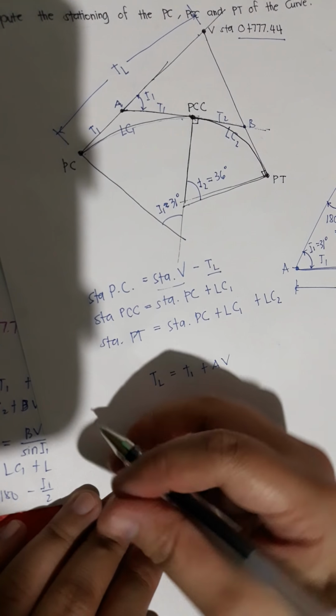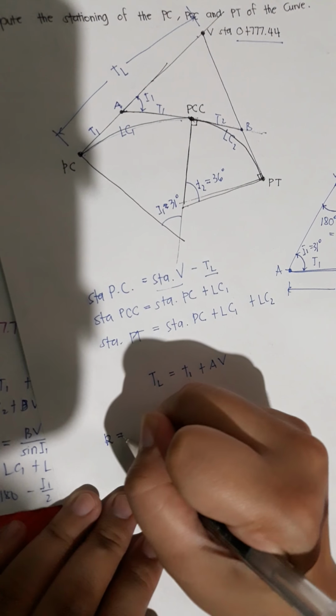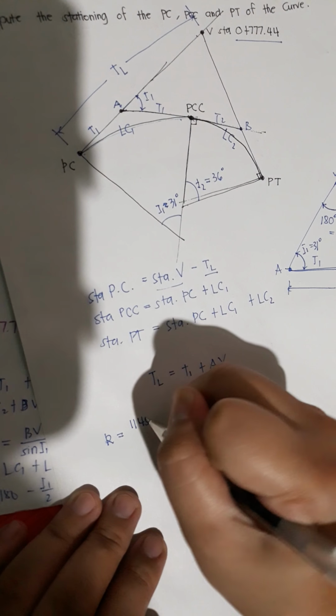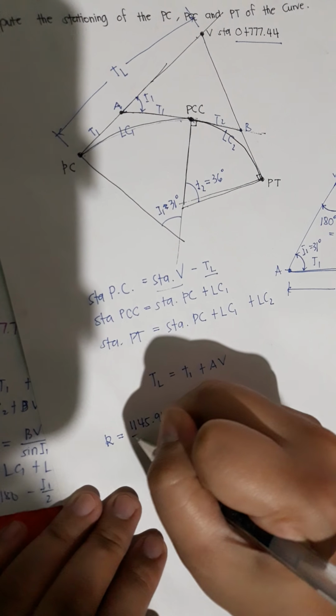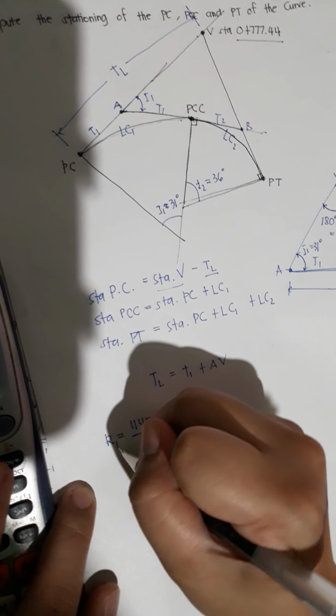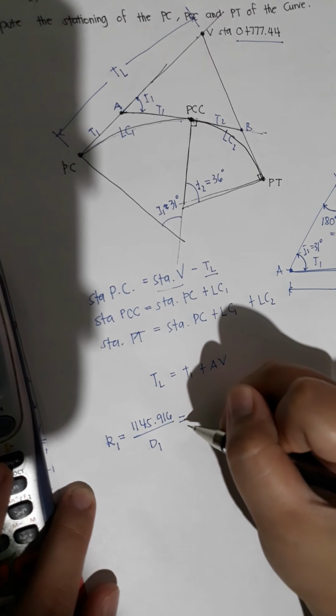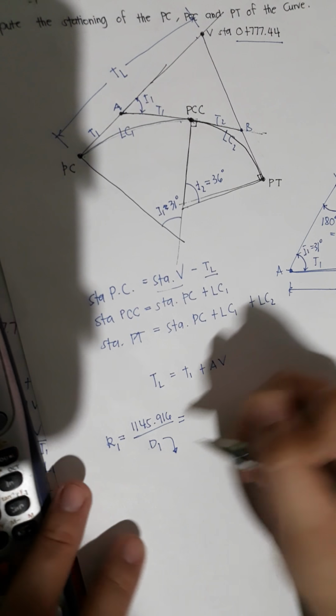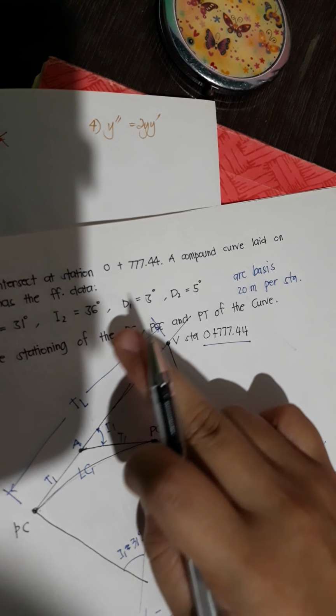For arc basis, 20 meter station, we know that R is equal to 1145.916 over D. For R1, we use D1, which is given to be 3.